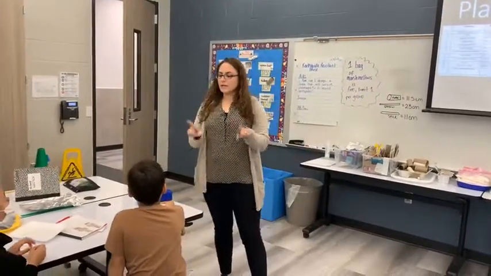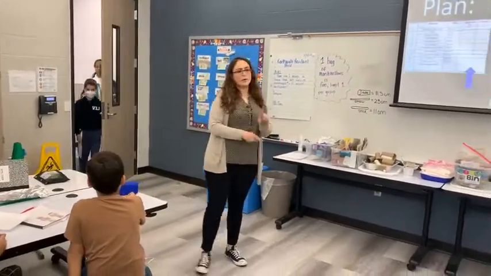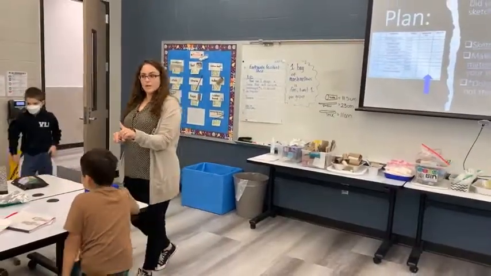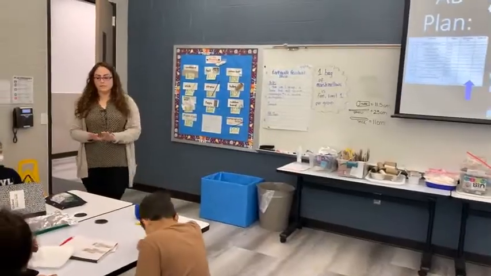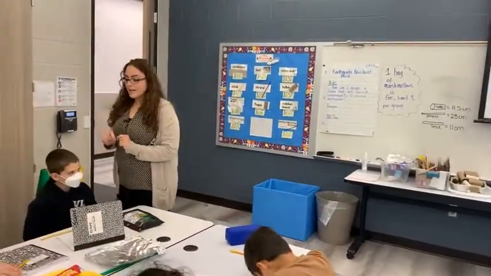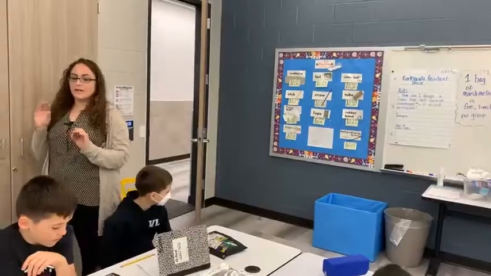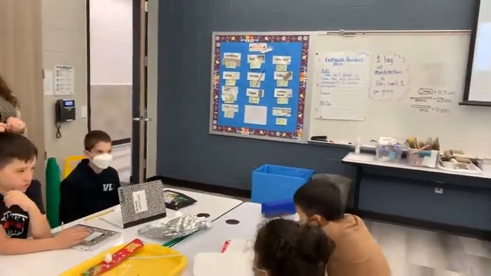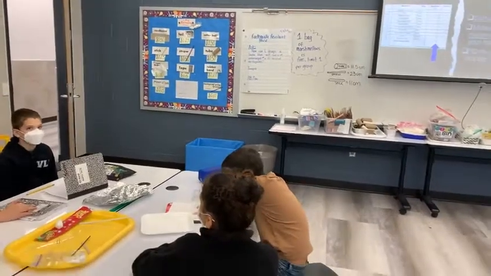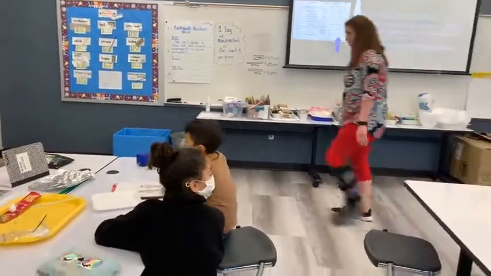You and your partner are going to create one sketch that you're going to label. Scientific labeling, remember. That sketch is going to be the idea that you create when you build your prototype.